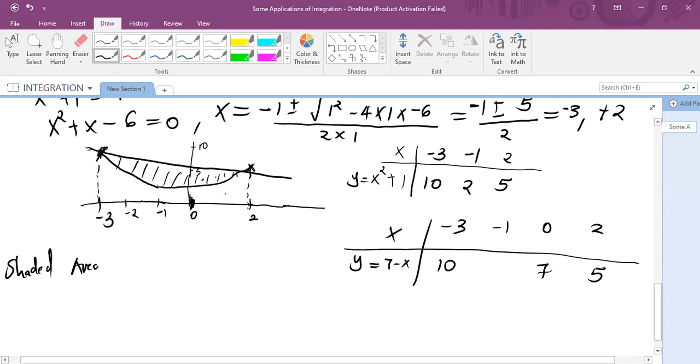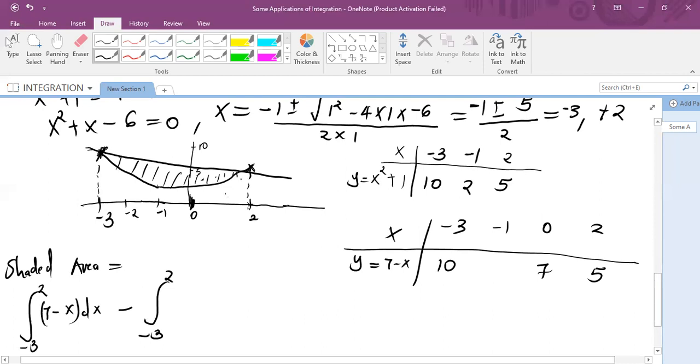Shaded area will be equal to, so I will be evaluating the area of the whole thing, which will be the integral from -3 to 2 of what? This whole area here is enclosed by this particular curve, so the curve is 7 minus x dx, minus, I subtract the area of this unshaded part, which is the integral from -3 to 2, and this unshaded part here is enclosed by this particular curve.